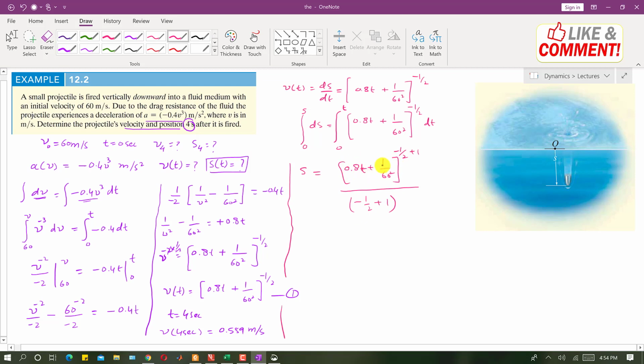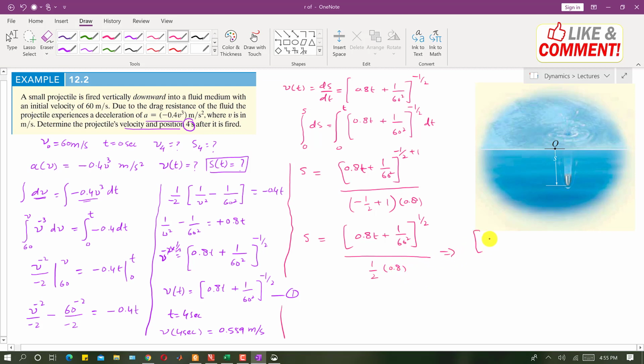The derivative of the constant part is zero, so the derivative of the whole function is 0.8, so we divide by 0.8. This is the integration method, you must know it. So minus 1/2 plus 1 becomes 1/2, so this is divided by 1/2 into 0.8.